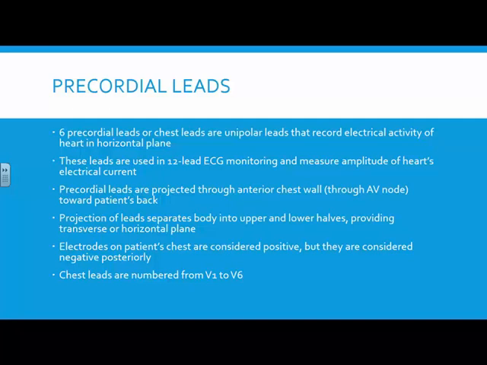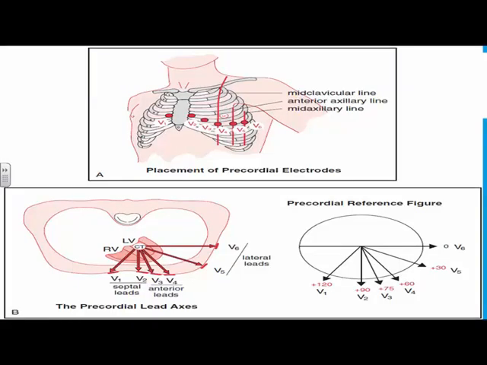They're projected through the anterior chest wall, through the AV node. They separate the body into upper and lower halves, providing a transverse, horizontal plane. The electrodes on the chest are considered positive, but posteriorly they would be negative. That'll make more sense when we get to 12.